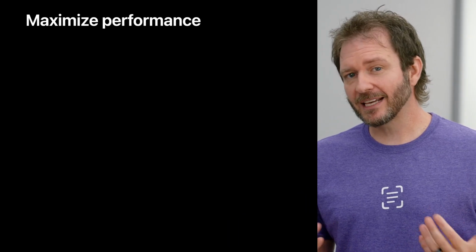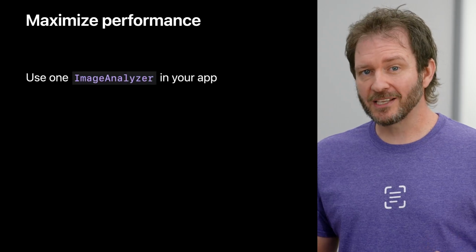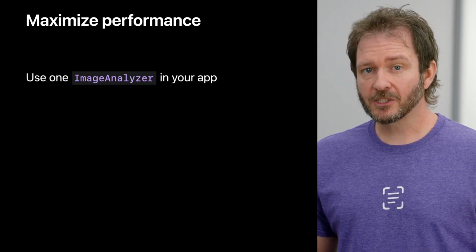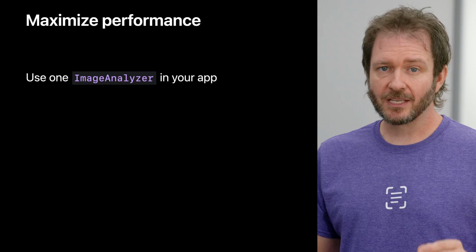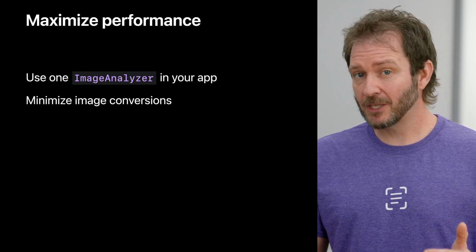As always, we want your app to be as responsive as possible. And while the Neural Engine makes analysis extremely efficient, there are a few image analyzer tips I'd like to share for best performance. Ideally, you want only one image analyzer shared in your app. Also, we support several types of images. You should always minimize image conversions by passing in the native type that you have.